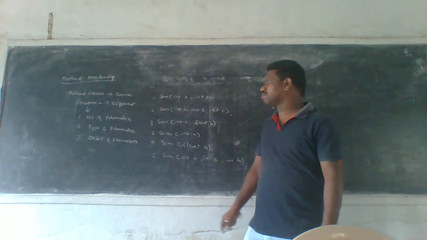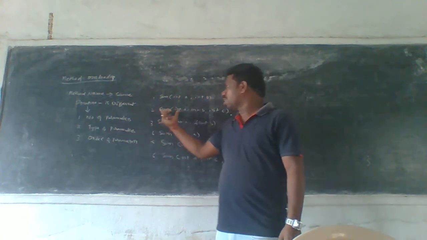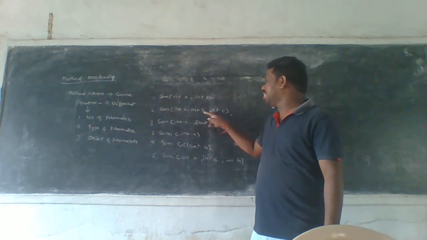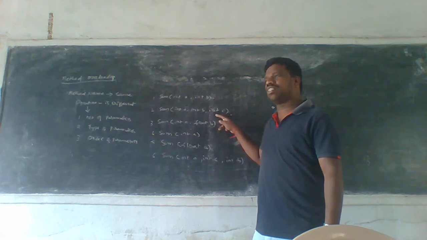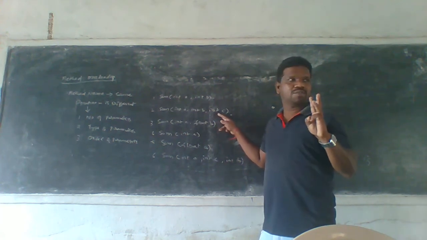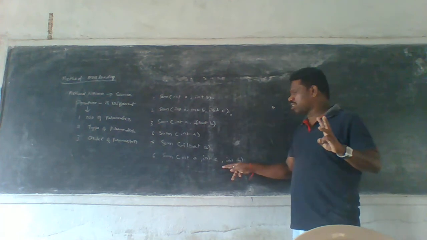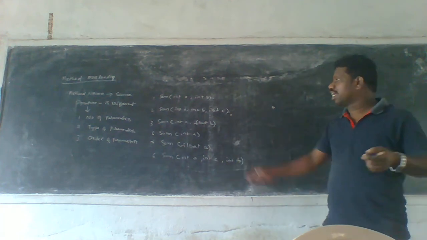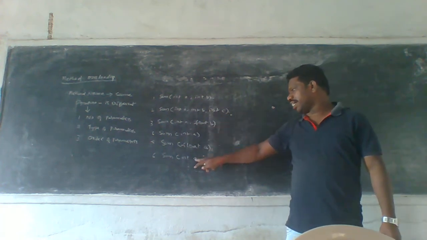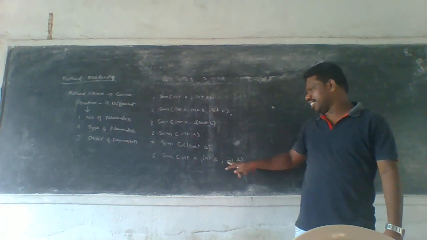Okay, the next point is int a, int b, int c. How many parameters am I using here? A total of three parameters. Here also I am using three parameters. Here is int a, int c, int b.